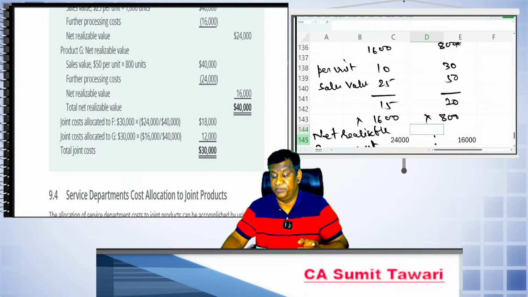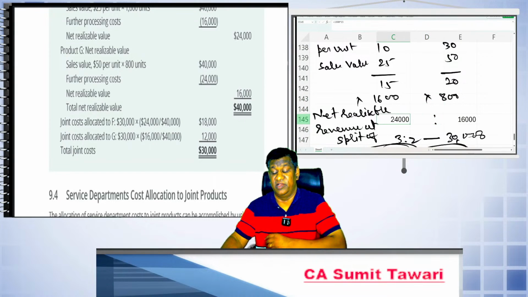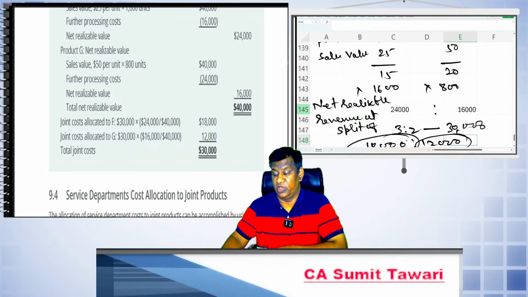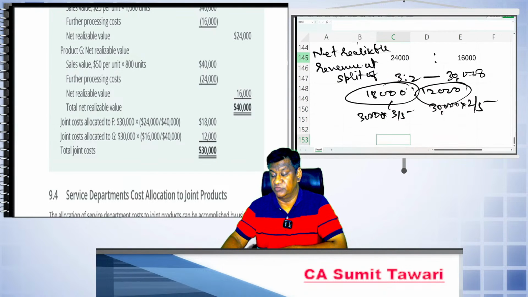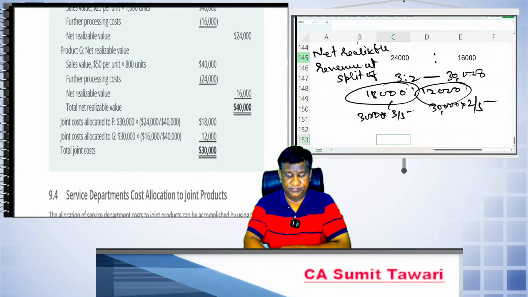Then I multiply with the quantity produced, 1600 and 800, which gives me the net realizable value at split off point, 24,000 and 16,000, and that is my final ratio for allocation of joint cost. So it is basically 3 is to 2. I need to allocate 30,000 in the ratio of 3 is to 2, so I got 18,000 and 12,000 as the joint cost. Clear?